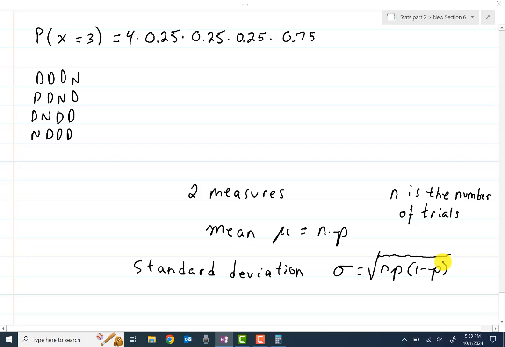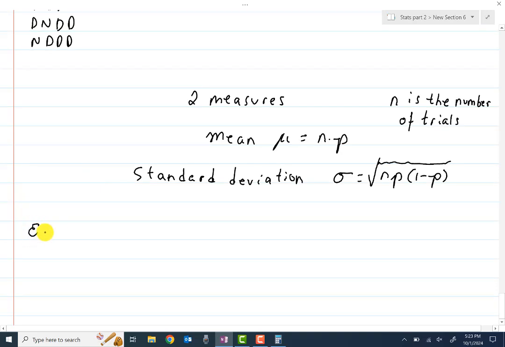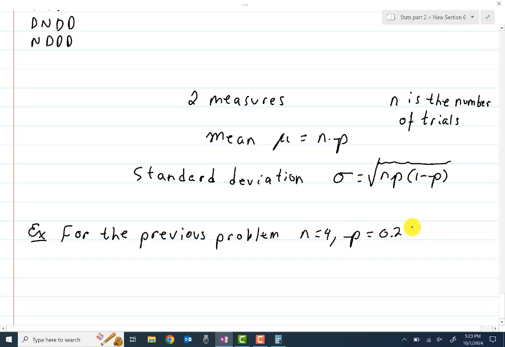So if I want to do it for that previous problem that we had, n is equal to 4, and the probability of success was 0.25. So the mean is going to be 4 times 0.25, which equals 1.